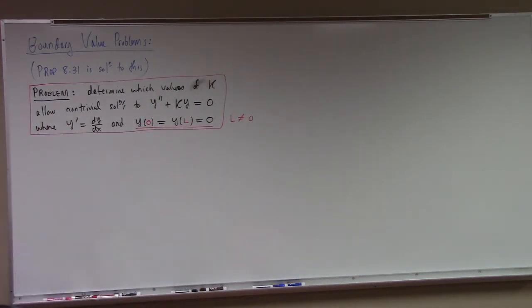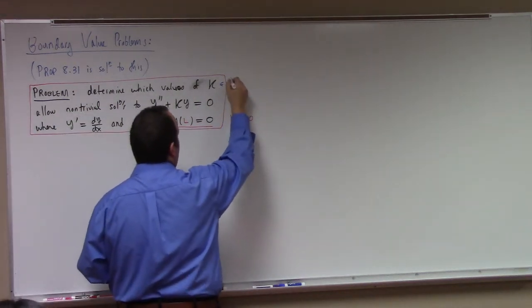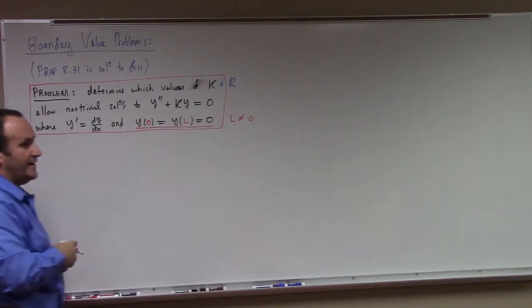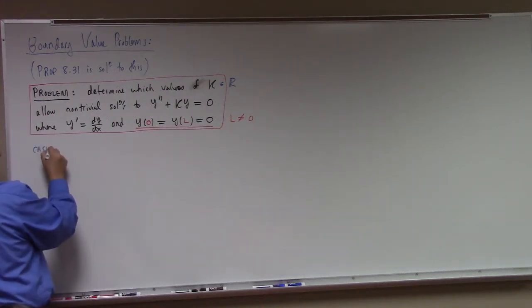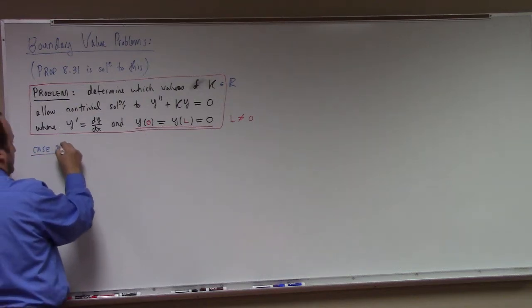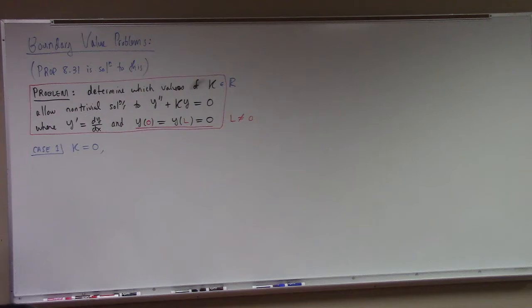Well, k, and I should have emphasized here, k is a real number. If k is a real number, there's a trichotomy, right? What are the cases? How about case 1? K equals 0. If k equals 0, what are we solving?